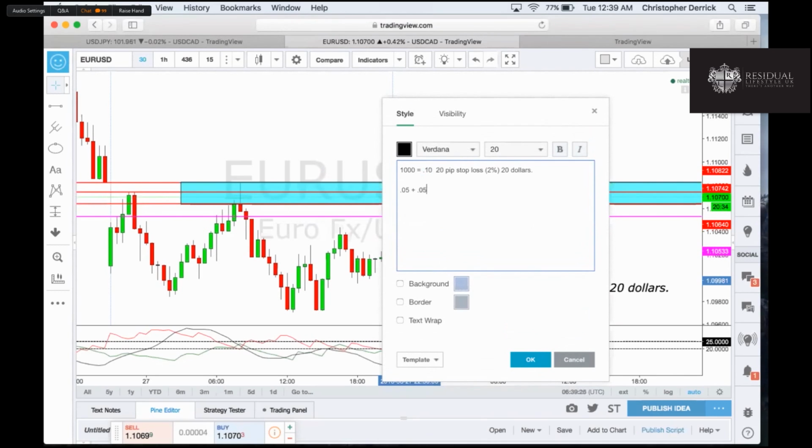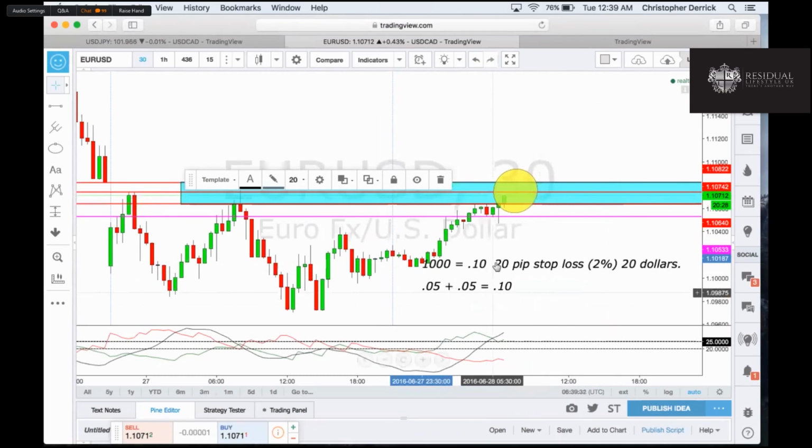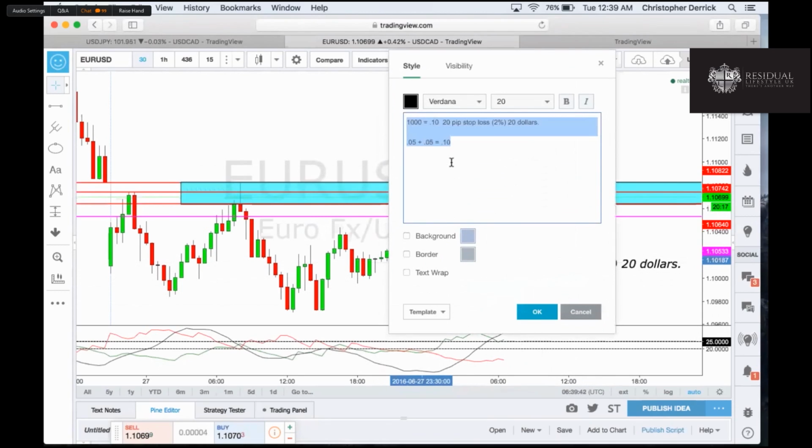So I'm still only risking 2% of my account. But if I wanted to twin trade, the one thing that I like to do is make sure that if it goes 30 pips in profit, I take profit off the first order.